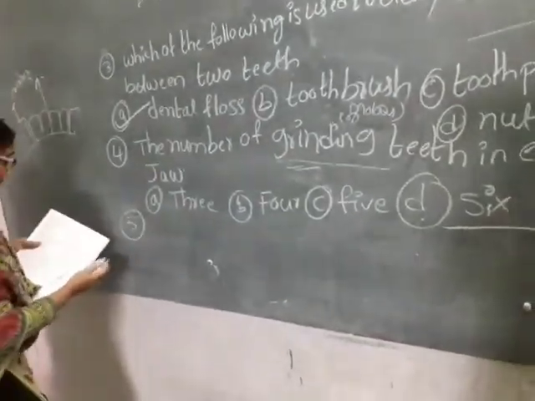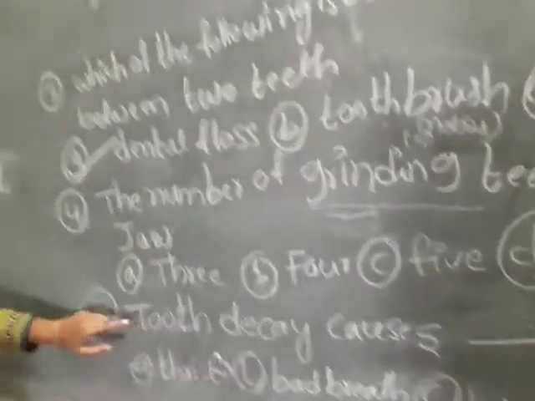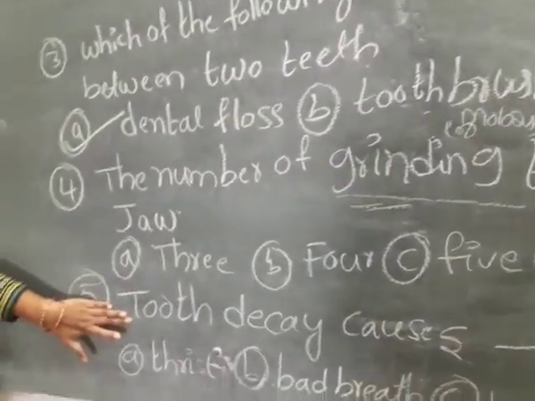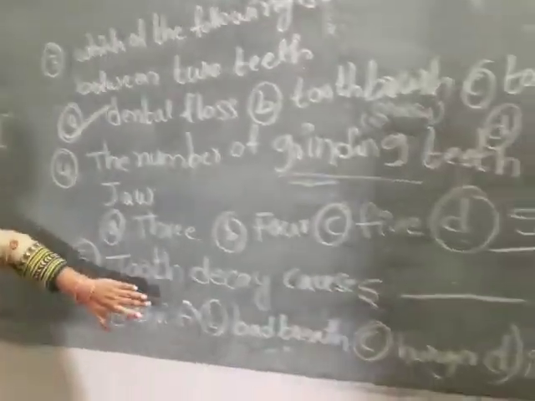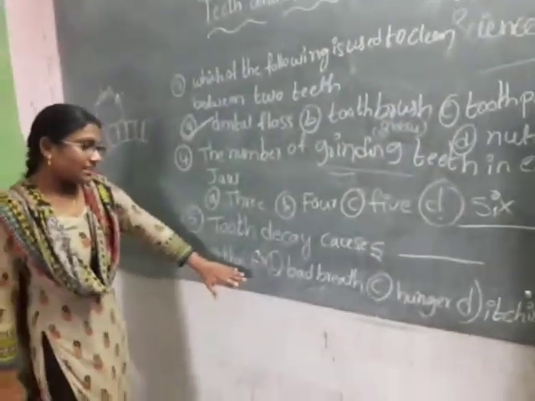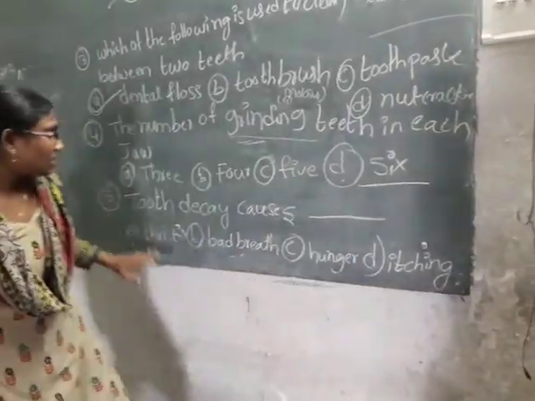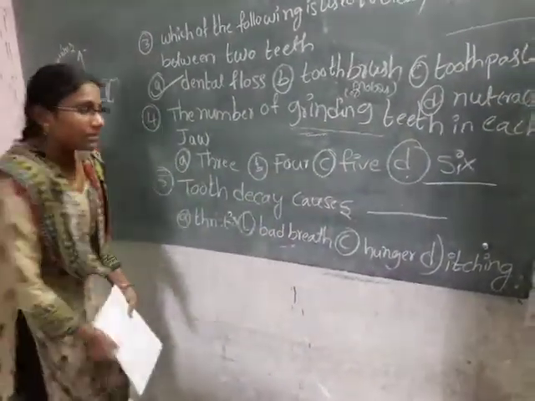Fifth one. Tooth decay causes thirst, bad breath, hunger or itchy. Tooth decay causes bad breath.